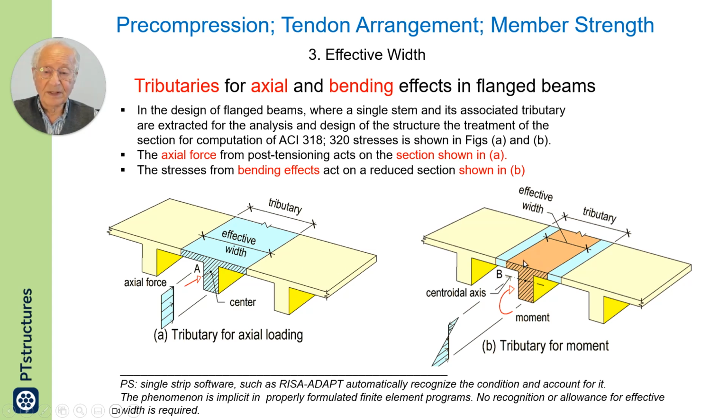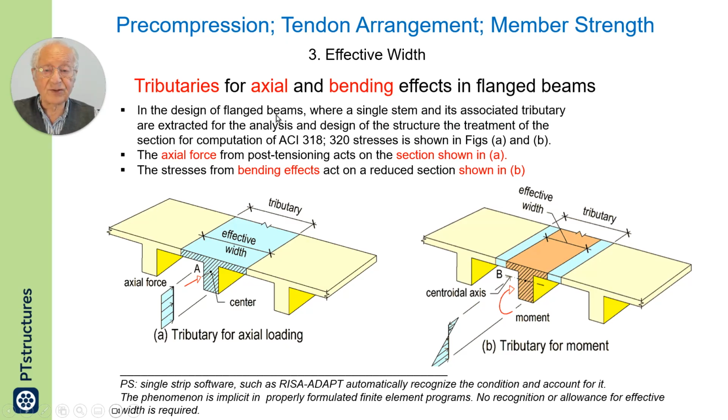What is being described is based on the assumption that you will extract from the construction a typical representative element which consists of a beam stem along with an associated flange. Now, there you need to know how much of the flange you are going to consider to act with the stem. So the tributaries for axial and bending effects are shown here.